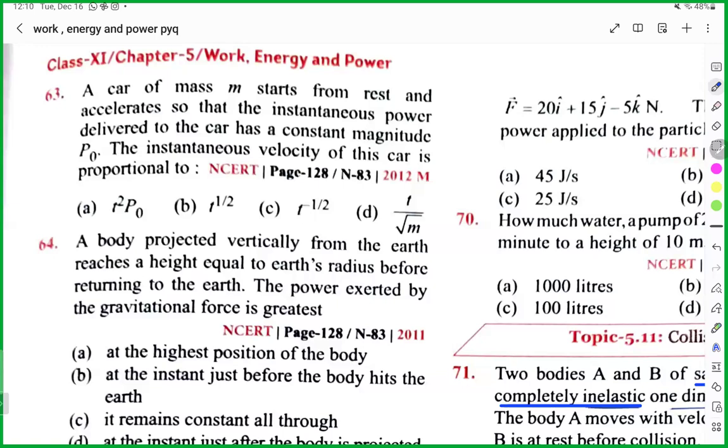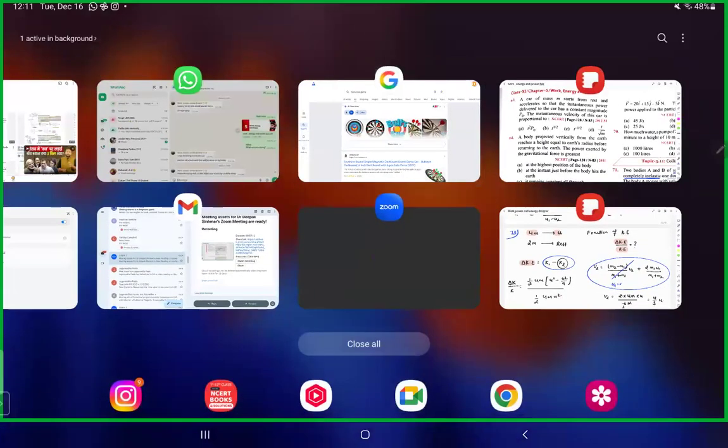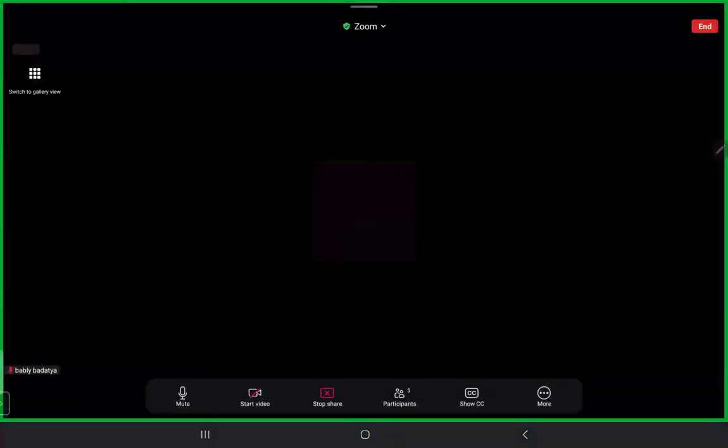And this week you will have work energy power, kinematics, and gravitation, full, all 3 chapters. Okay, so be prepared for this. And Sarah, from this week onward, you have to write a test.